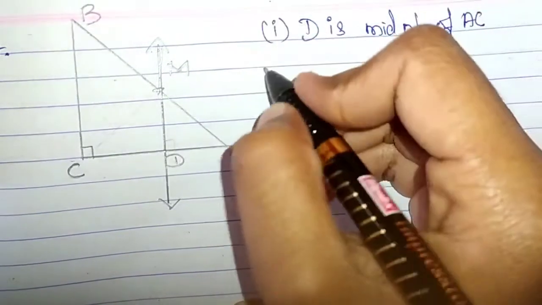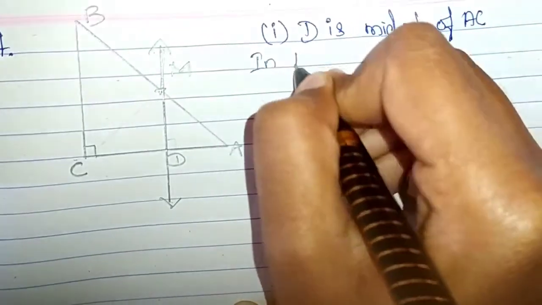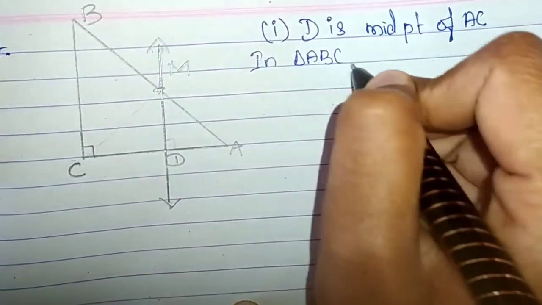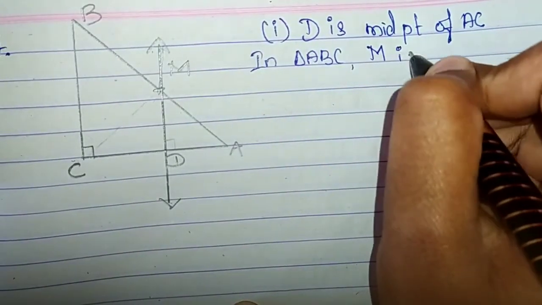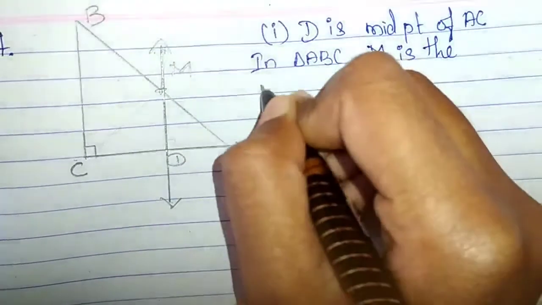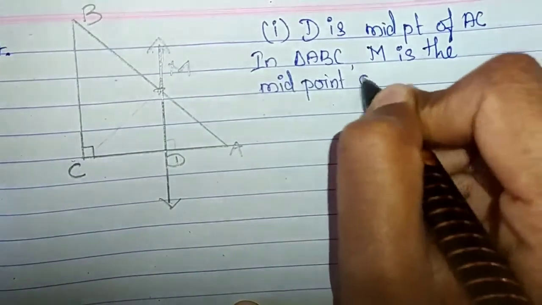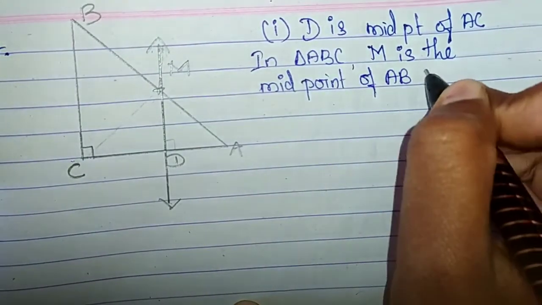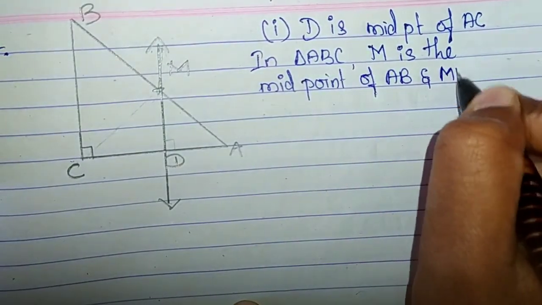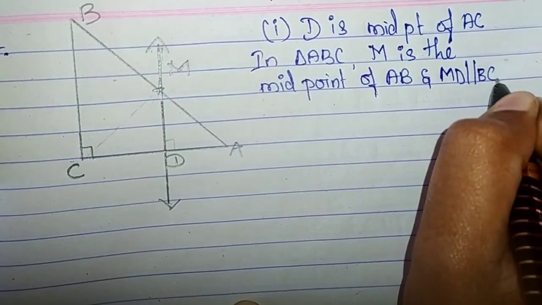theorem. Here we know that in triangle ABC, M is the midpoint of AB and MD is parallel to BC.